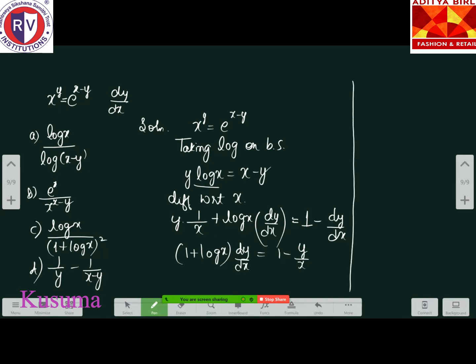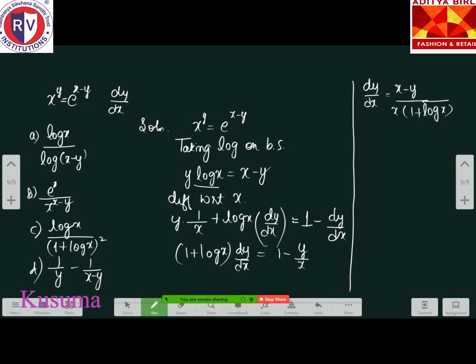Further, this can be written as dy by dx equals x minus y divided by x into 1 plus log x. So this is the value of dy by dx. Now, this is not among any of our options.